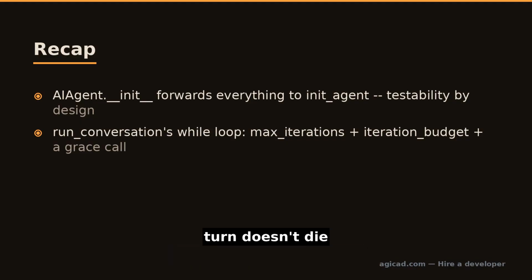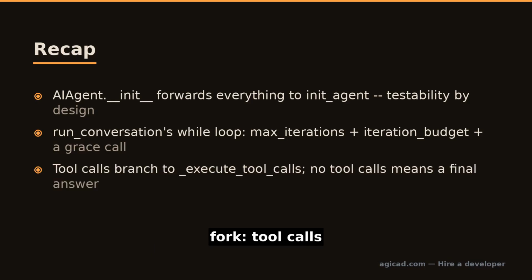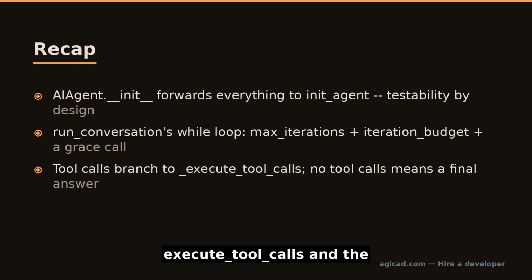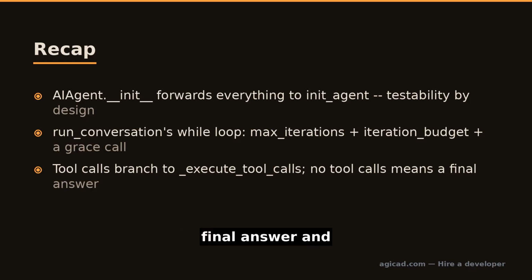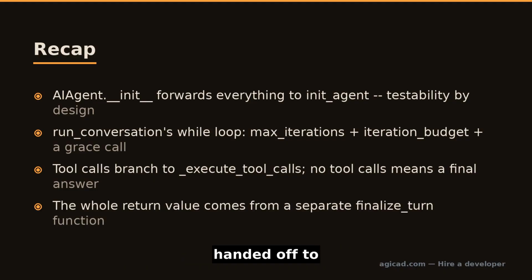Tool calls get handed to execute_tool_calls and the loop continues, or their absence means you have a final answer and the loop breaks. And even the return value isn't assembled inline. It's handed off to finalize_turn, the same decomposition pattern you saw in the constructor. One file, one loop, and a lot of very deliberate separation of concerns.